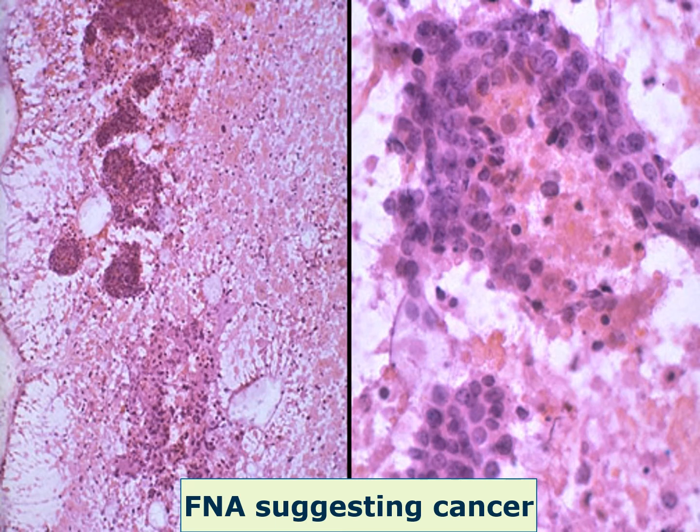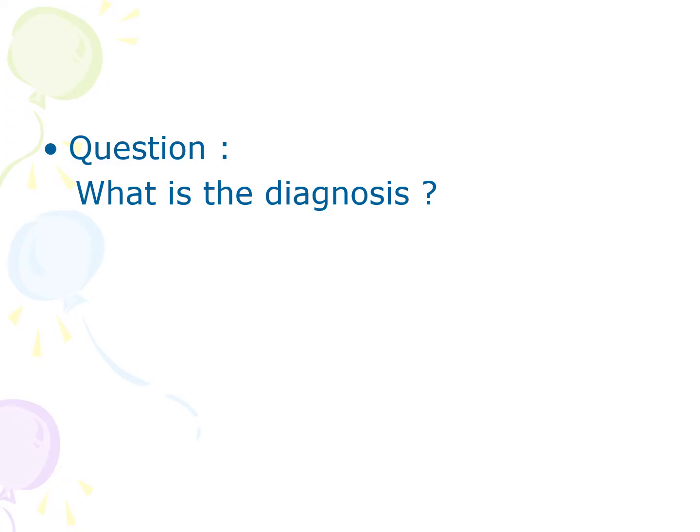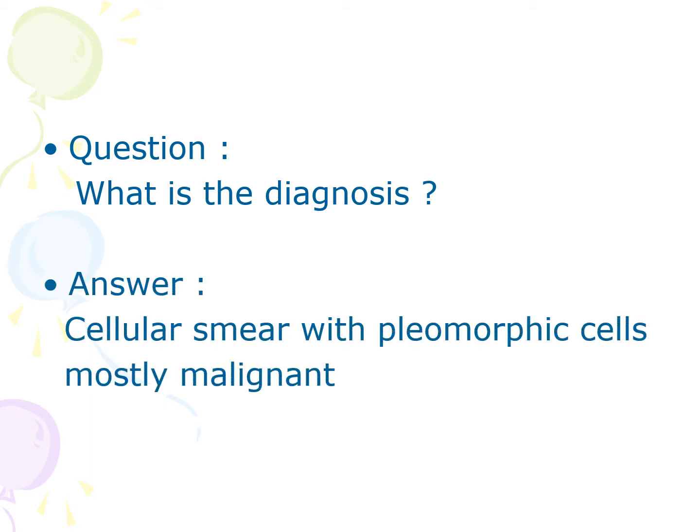On the right, at higher magnification, the typical nuclei characteristic for a carcinoma, high nuclear pleomorphism and high number of mitotic figures are present. In this FNA cytology, we can see discohesive cells with marked nuclear pleomorphism. The diagnosis of previous FNA cytology is cellular smear with pleomorphic cells that are mostly malignant.